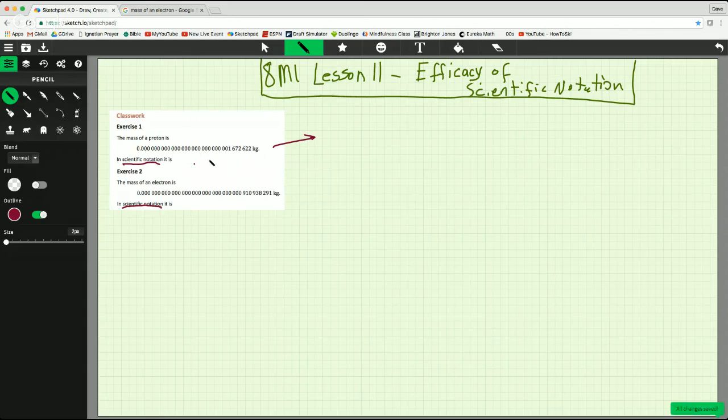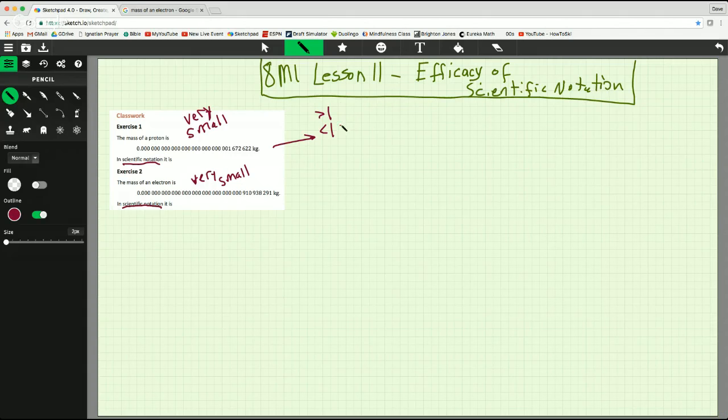Now, let's just look at first: is this number bigger than 1, or is this number going to be less than 1? Well, let's think about that. This is going to be less than 1 because this is 0.0000000. This is a very small number. And in fact, the mass of an electron is very small as well.